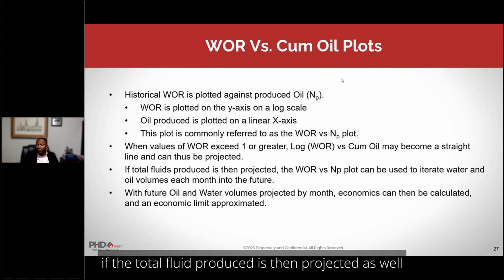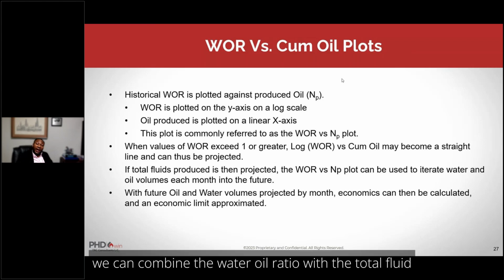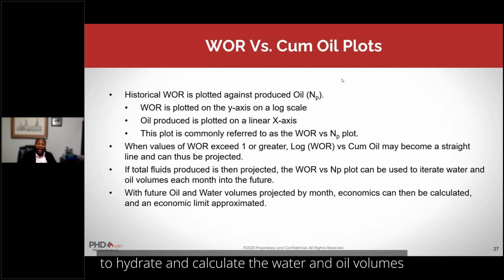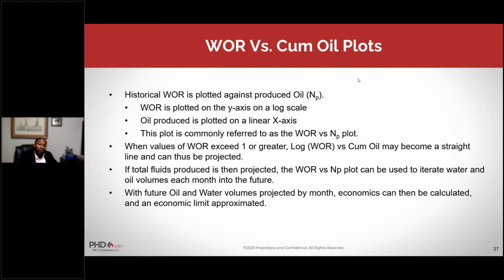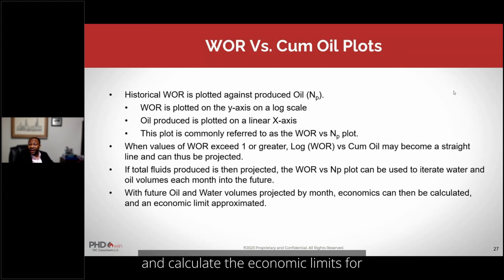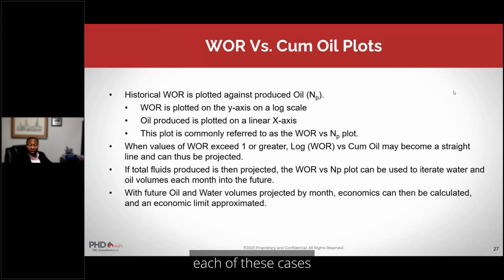If the total fluid produced is also projected, we can combine the water-oil ratio with the total fluid to iterate and calculate the water and oil volumes each month into the future. With the future oil and water volumes projected by month, we can run cash flow and calculate the economic limit for each of these cases.